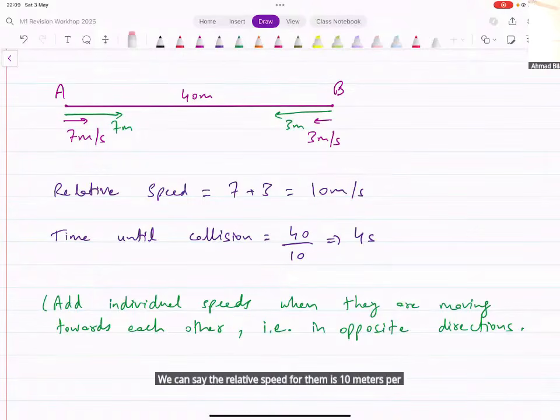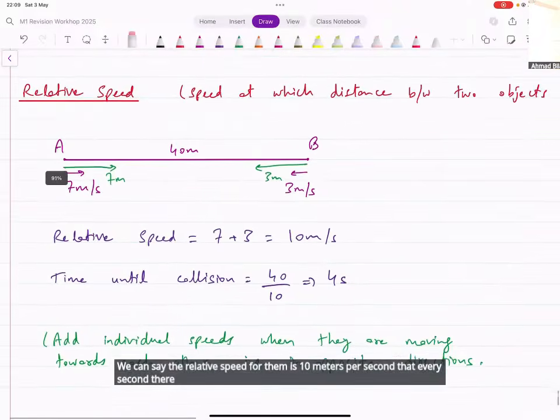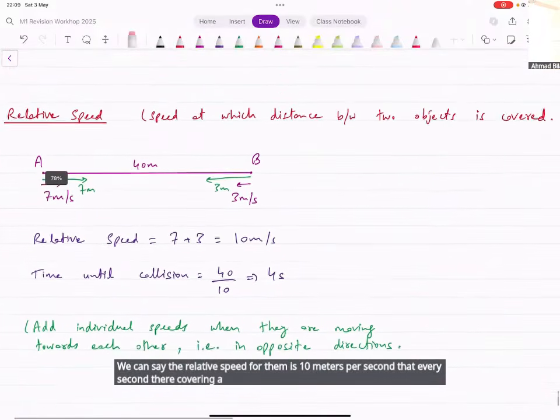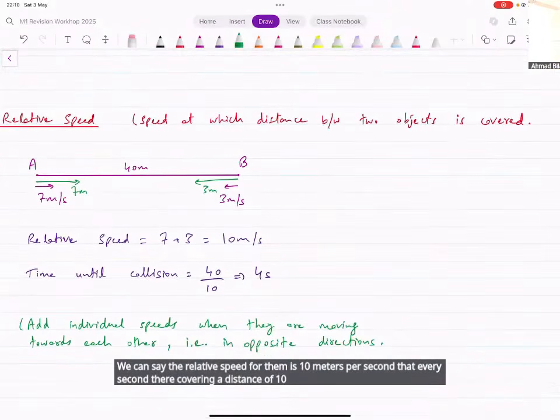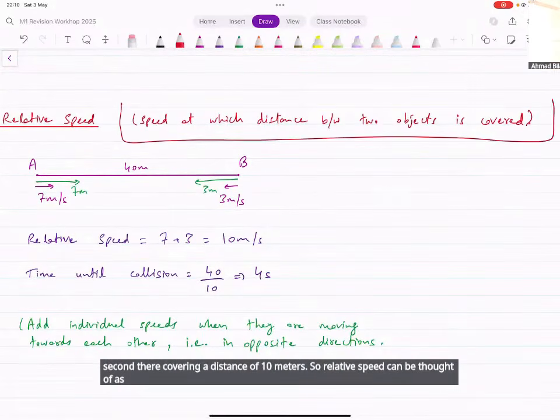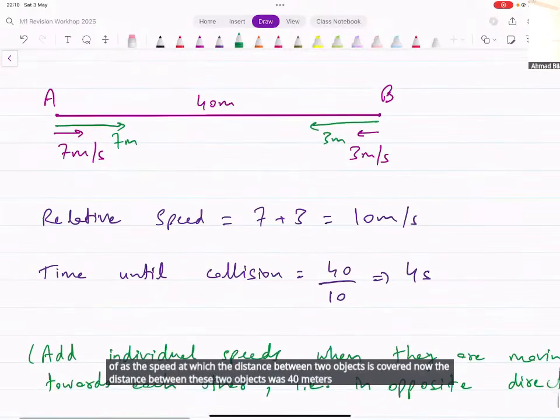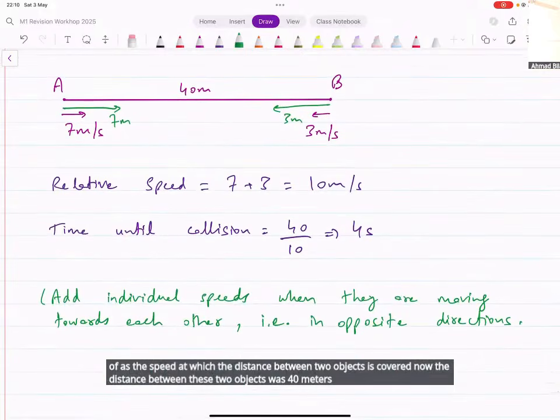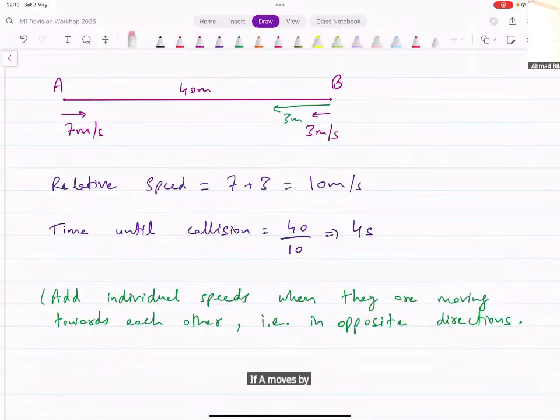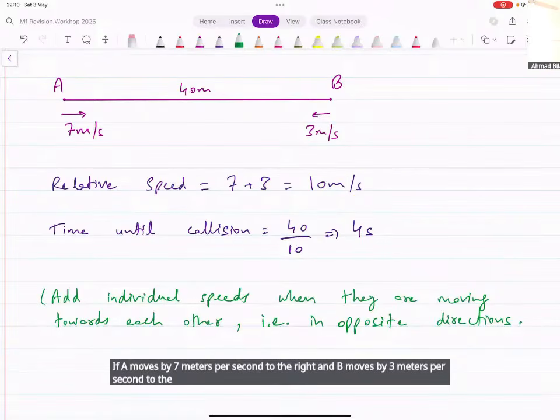That every second they're covering a distance of 10 meters. So relative speed can be thought of as the speed at which the distance between two objects is covered. Now, the distance between these two objects was 40 meters. If A moves by 7 meters per second to the right and B moves by 3 meters per second to the left, how much distance are they covering in every second?